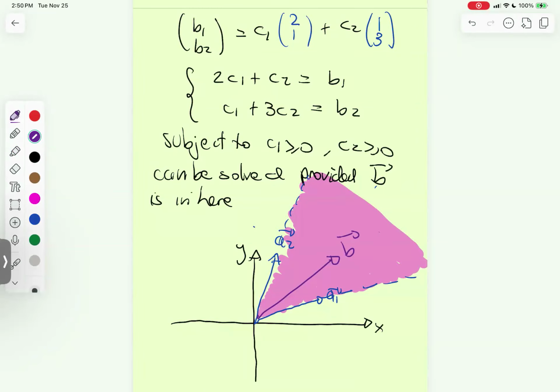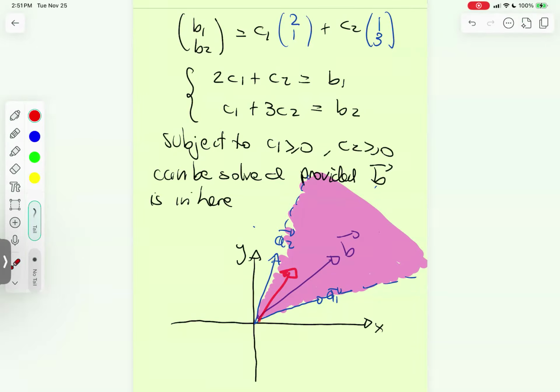For example, if I had a third vector A3 in this case, it's fine, but it's a bit redundant. If my third vector A3 had been in here, that doesn't really add anything to the cone, because the cone would have been determined by the extreme rays.